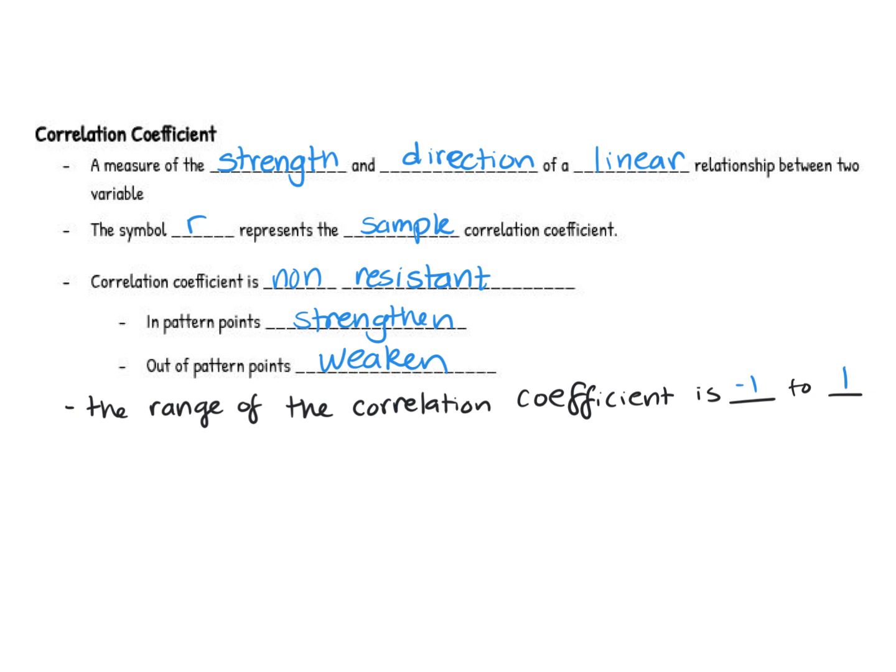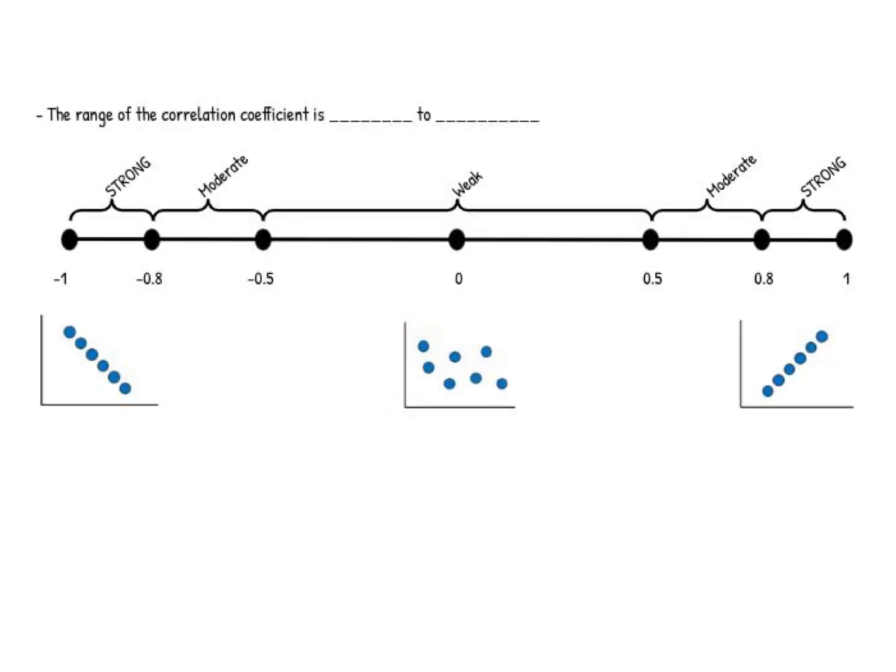The range of the correlation coefficient goes from -1 to +1. So let's see what that looks like on our scale here. When you are going from -1 to -0.8, that's strong, negatively strong. Between -0.8 and -0.5, that's going to be your moderate, negatively moderate.